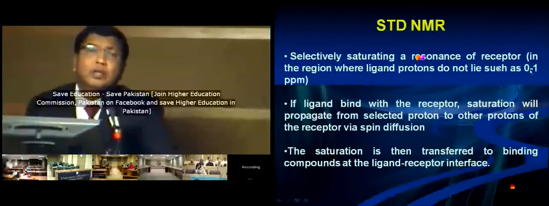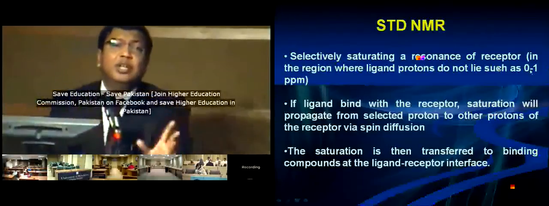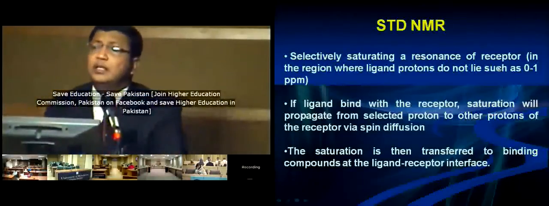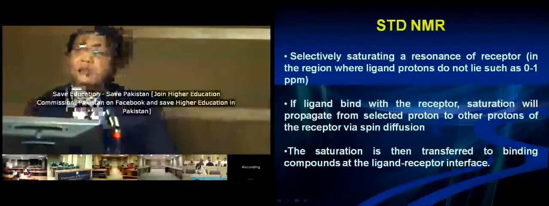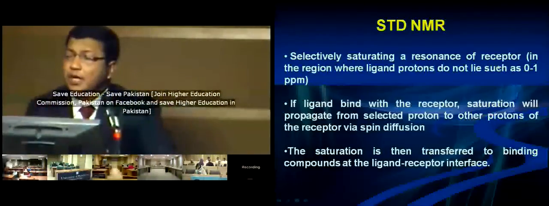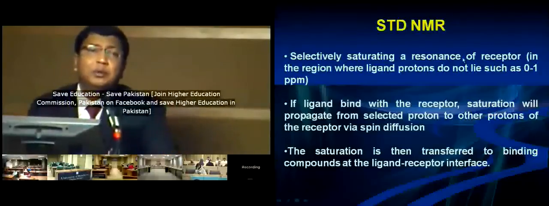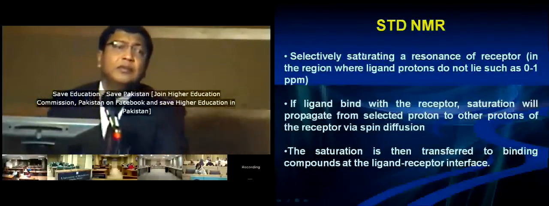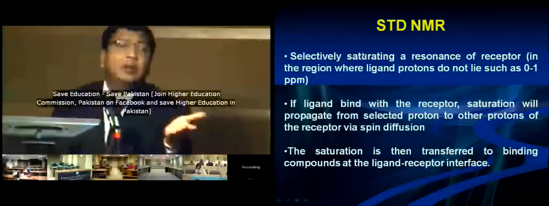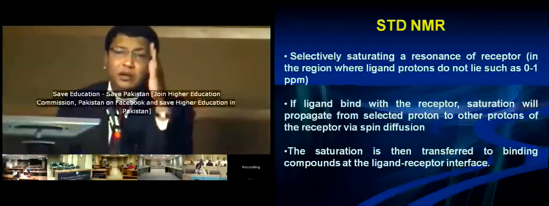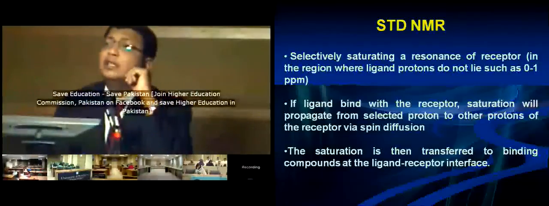How would you know that you should not irradiate between 0 to 1? How would you know that you need to irradiate between 2 to 3 or 6 to 7? By proton NMR of the ligand. Proton NMR of a ligand will tell you where not to saturate.